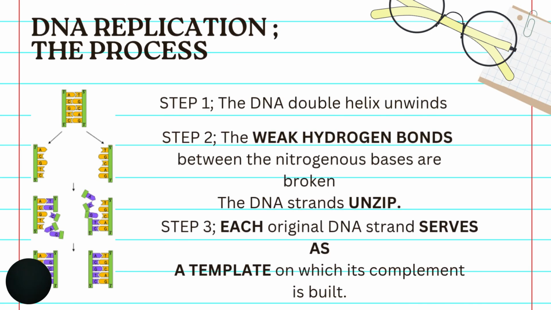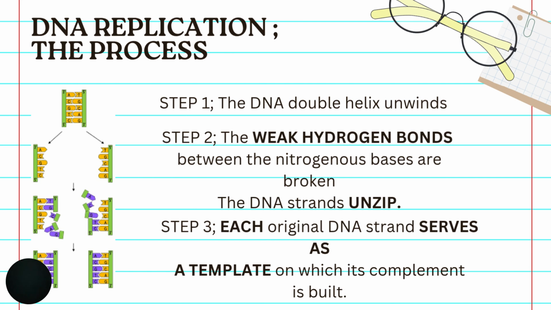So let's look at the process. What happens when DNA replication occurs? The first step is that you have your DNA structure, which is double stranded and in helix form. The helix will unwind and then it will be straight like a ladder.